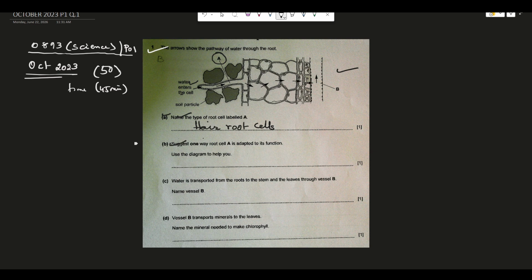Use the diagram to help you. So you have to answer what is the one way in which this root cell has adapted. The answer to this will be the root cells are having a large surface area.